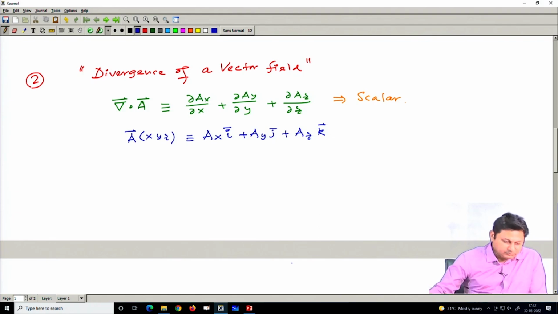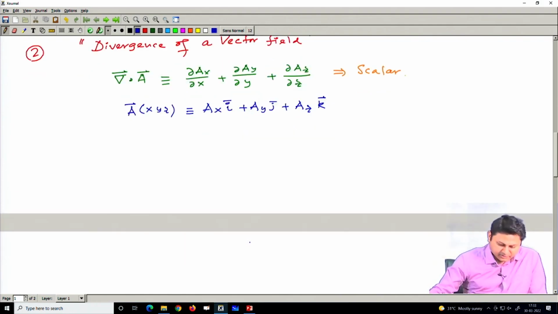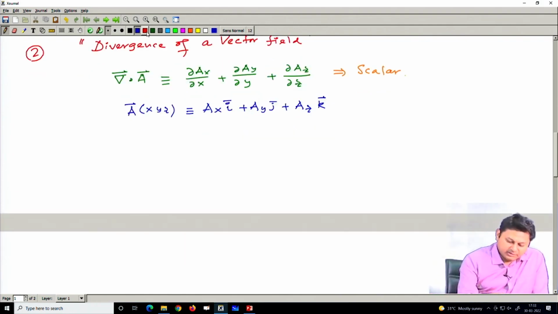Okay. The next thing is what it measures, what is the meaning of these things. If I have a quantity like this, what is the physical meaning of that? We will also explain this stuff.